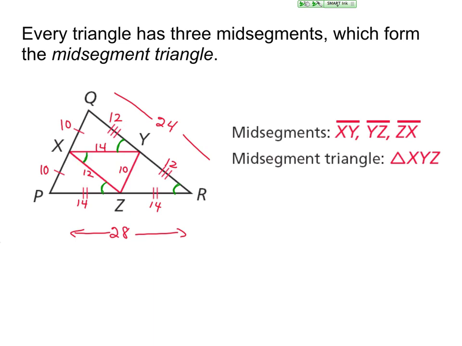YXZ, this one. One thing you could do is look between which 2 sides it is. Also, these, see those 2 are alternate interior angles. So all those green ones are the same.